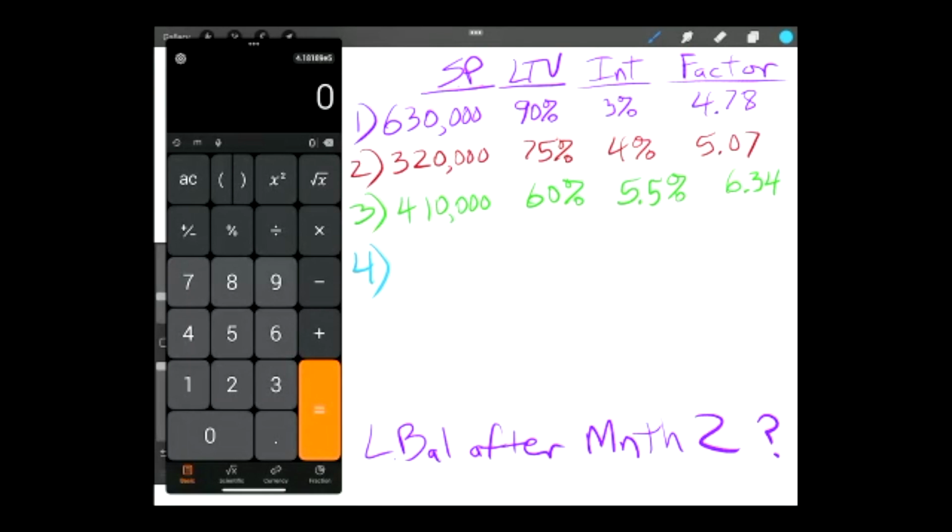And then we'll give you a $710,000 purchase price, a 95% LTV, a 6% interest rate, and a 7.32 loan factor.